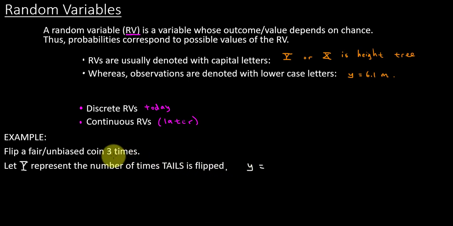If a coin is being flipped 3 times, it is possible to get 0 tails. It is also possible to get 1 tail, or 2 tails, and lastly, 3 tails.